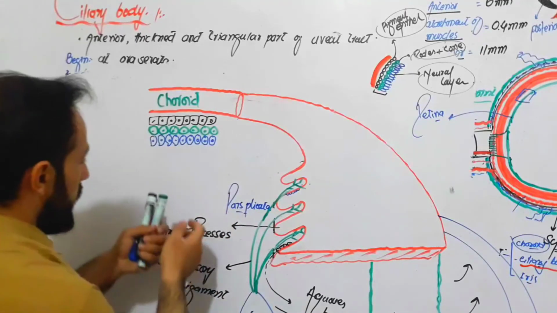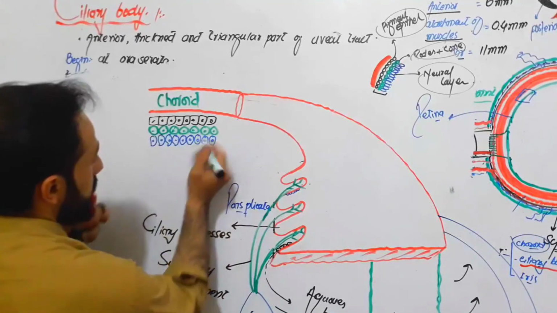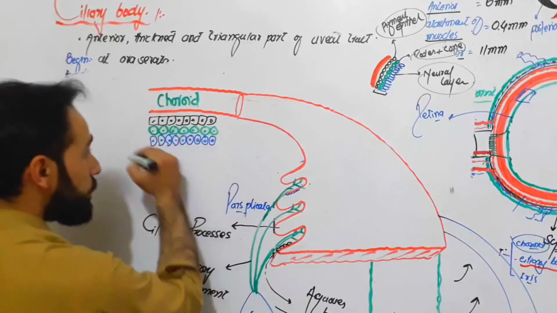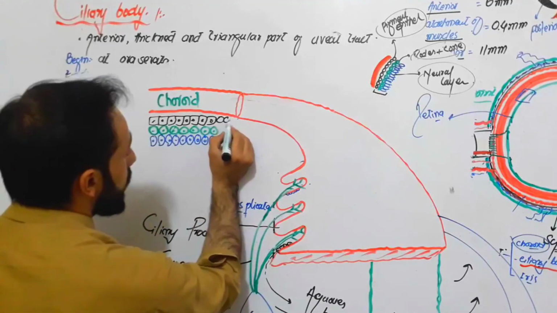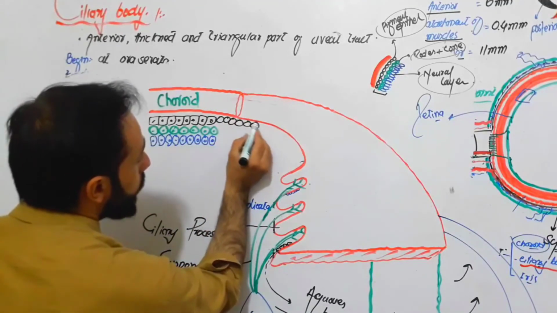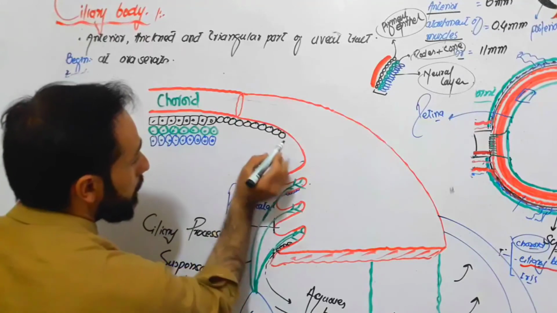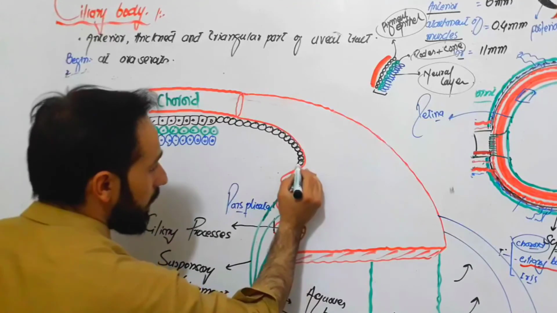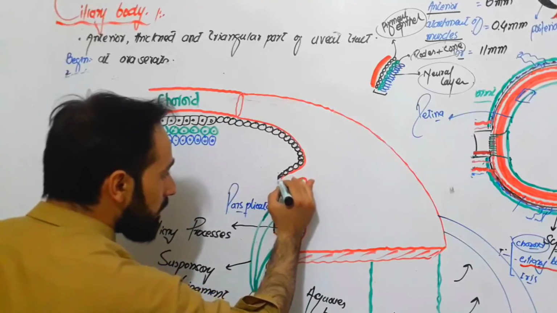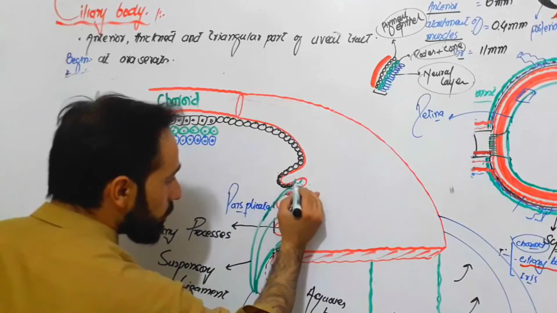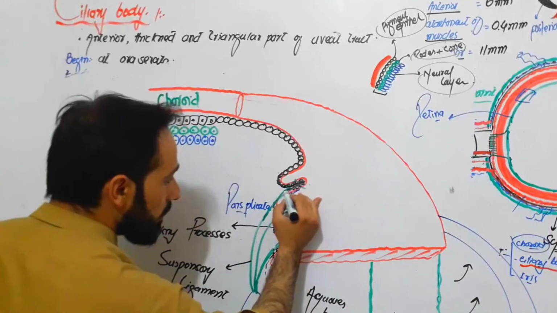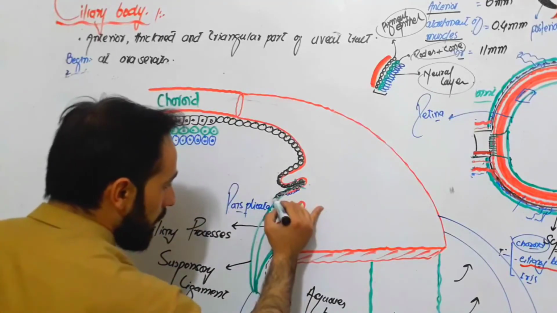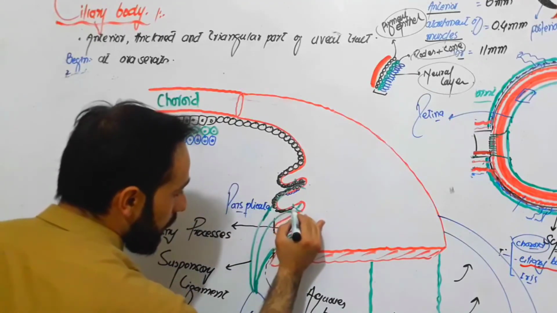Now we see that this pigment epithelium of the retina continues forward over the pars plana, and then over the pars plicata also, right, like this, and then it goes further forward.